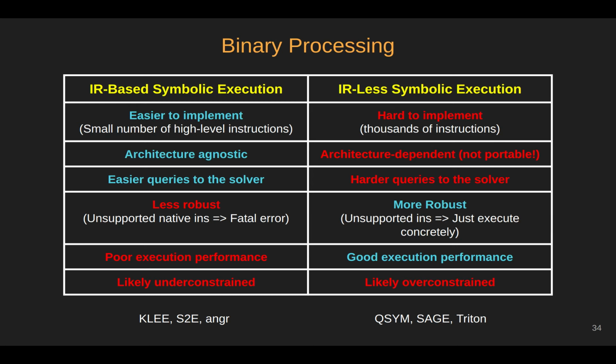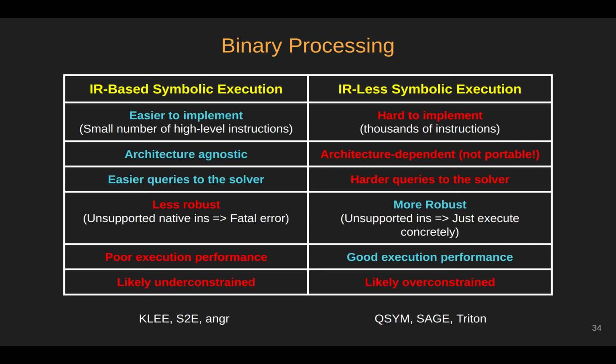So with IR-based symbolic execution, it is easier to implement because the number of instructions in the IR is usually smaller. The two things you have to do are first implement the translation layer, which is from the ASM to the IR, and the second thing is to model the IR instructions as a set of constraints. Whereas in IR-less symbolic execution, you have maybe thousands of instructions in the ASM, and you have to model all of them, so it's going to be hard to implement.